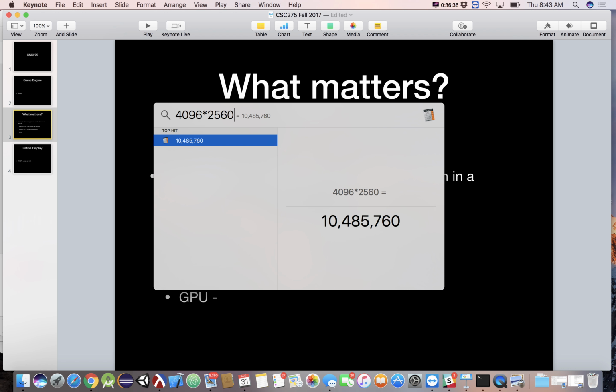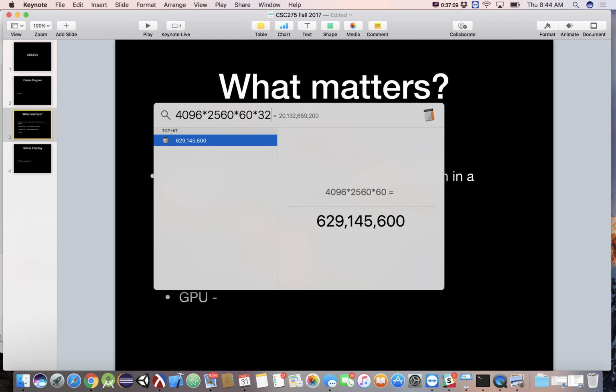Okay. Now we've decided that we want at least 45 frames a second, at least for the human eye to be convinced. Really, 60 is probably our real minimum. So let's multiply that by 60. Now we're at 629,145,600 pixels. Now each pixel is going to have some color associated with it. Usually color is going to be either 24-bit or 32-bit color, so let's go with 32-bit.